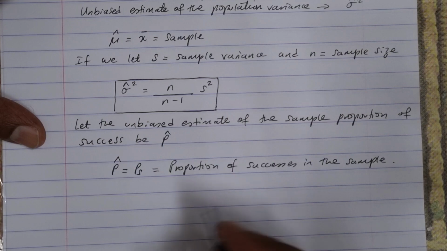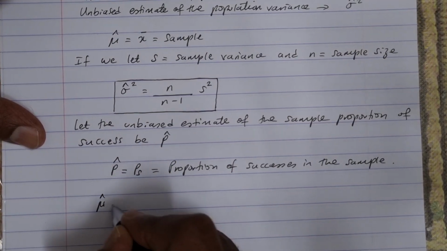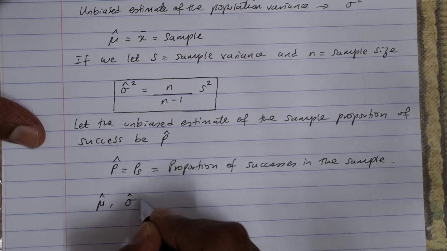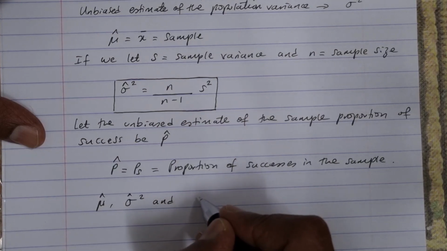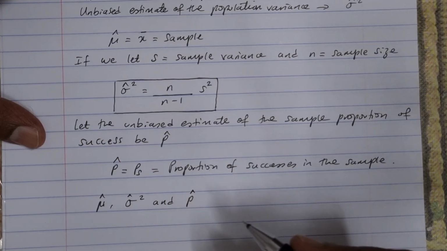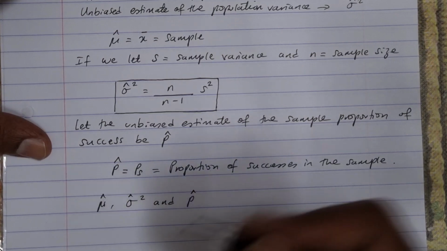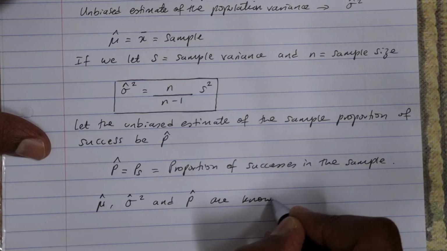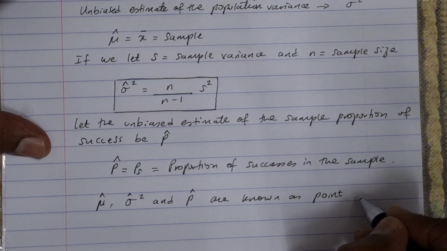However, what we want to summarize is that mu hat, the unbiased estimate of the population mean, the population variance, and also the proportion of success in the sample are known as point estimates.